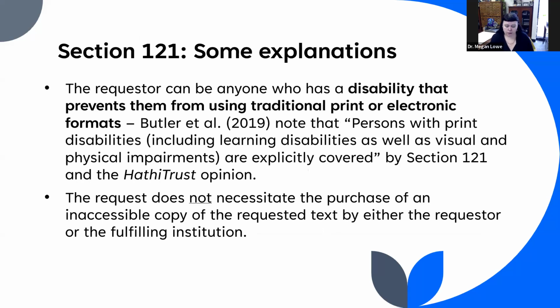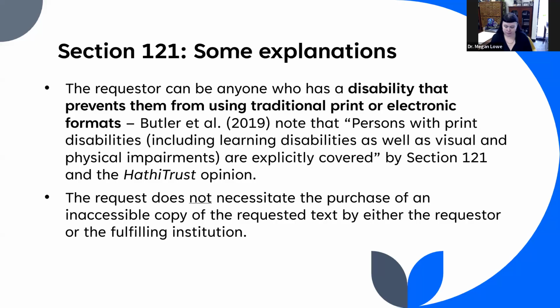The requester can be anyone who has a disability that prevents them from using traditional print or electronic formats. Butler et al. note that persons with print disabilities, including learning disabilities as well as visual and physical impairments, are explicitly covered by Section 121 and the HathiTrust opinion.